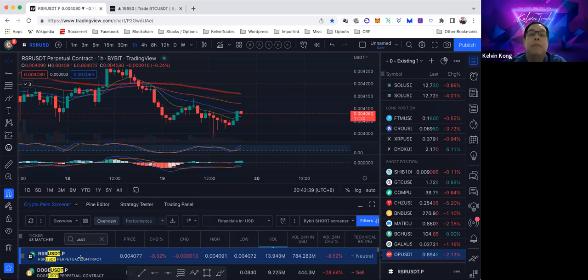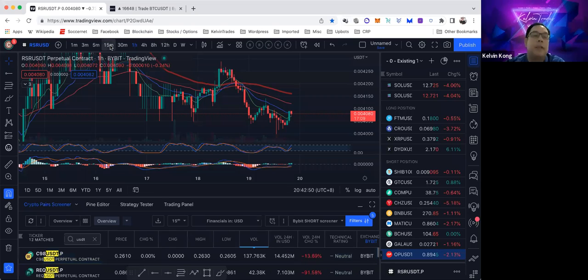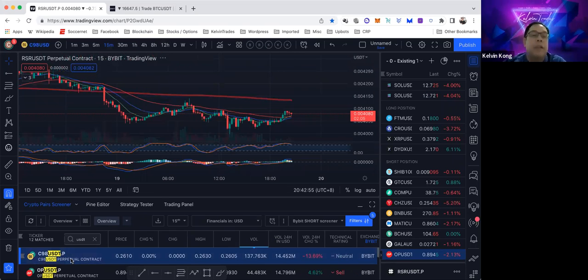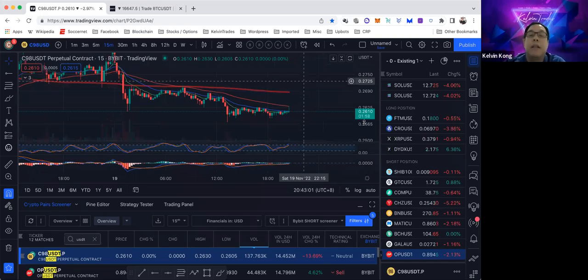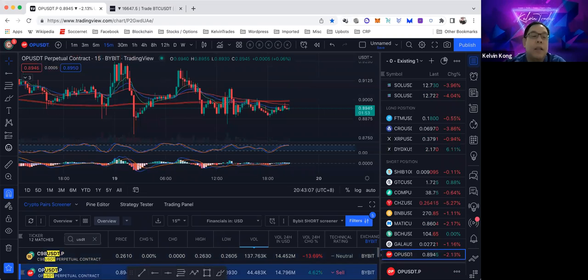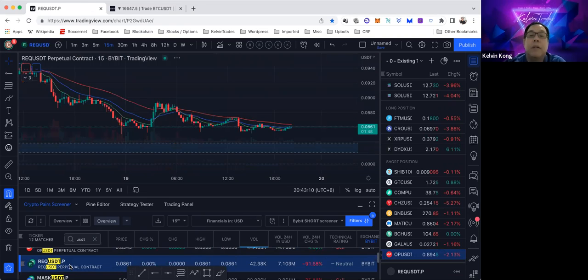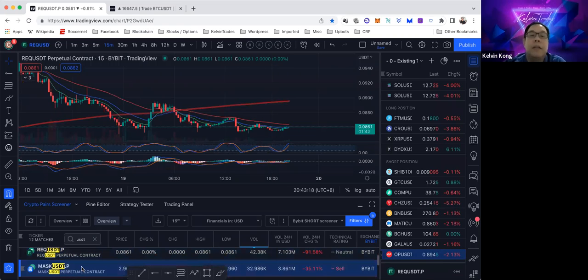RSR. Tonight we use shorter time frame, okay? Try to look for something that can go in, fast out. Okay, C98. EQ. Mask.